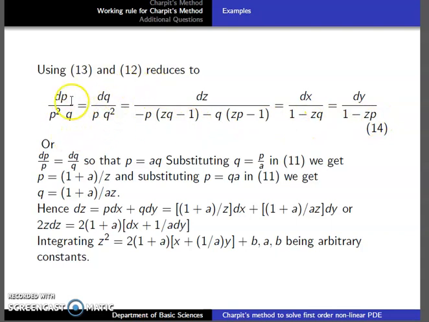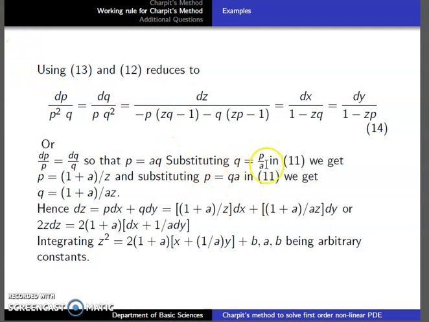Then consider the first and second fraction. We get dp by p equal to dq by q. Then integrating we get log p equal to log q plus some constant log a. That is the same as log p equal to log aq. Then on cancelling the log function, we get p equal to aq. This is the same as q equal to p by a.